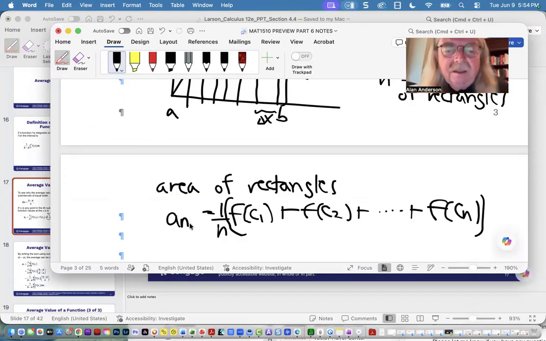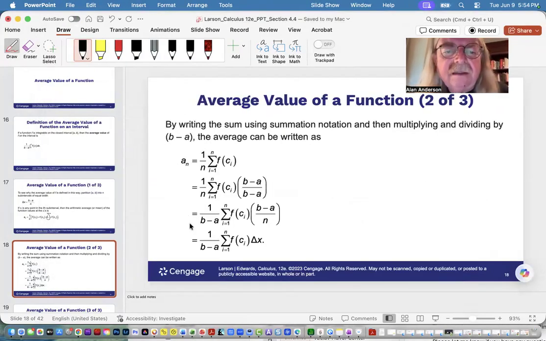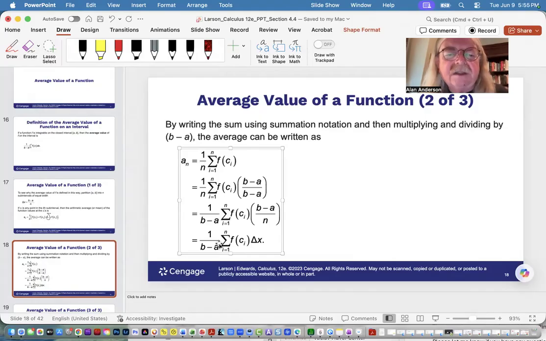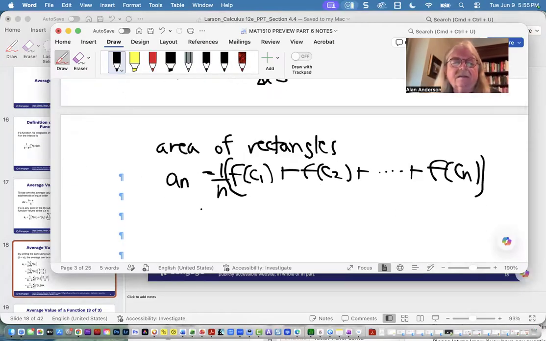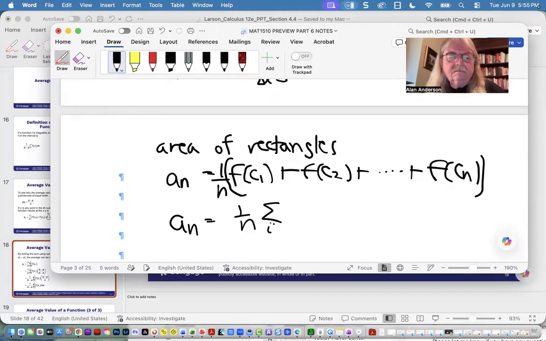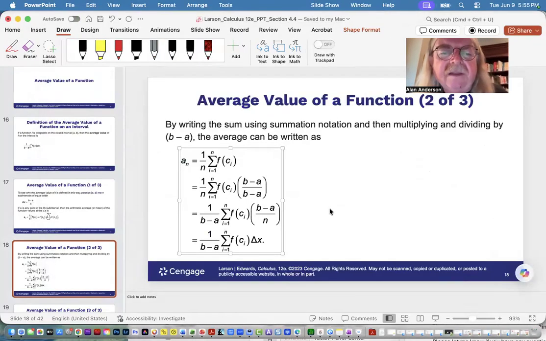Okay. So then what they want you to notice is that, let's see, what have we done? Oh, they multiply and divide by b minus a. So algebraically, what they're trying to do is show you how this turns into this. So yeah, because what they're saying is I can rewrite this as, okay, that's my area.